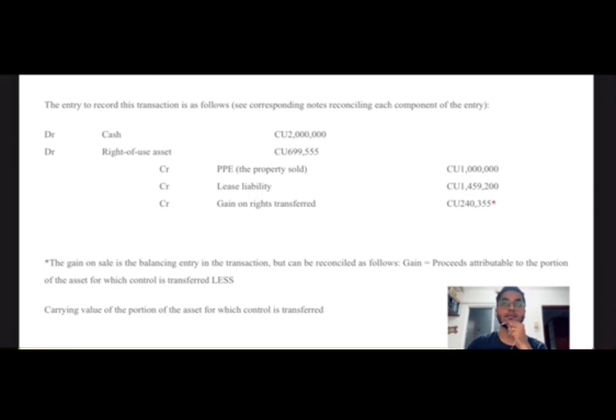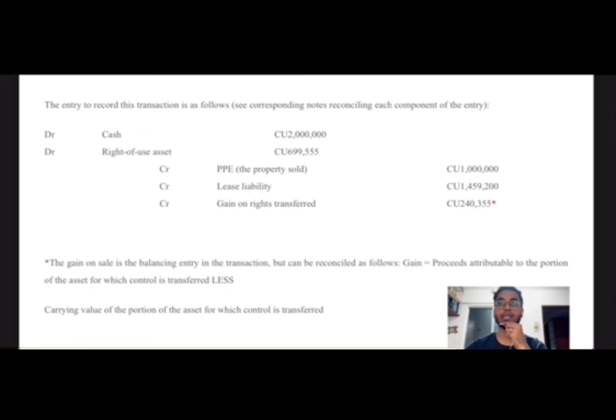The CU 240,335 gain on sale is the balancing entry in the transaction, but it can also be reconciled as follows.